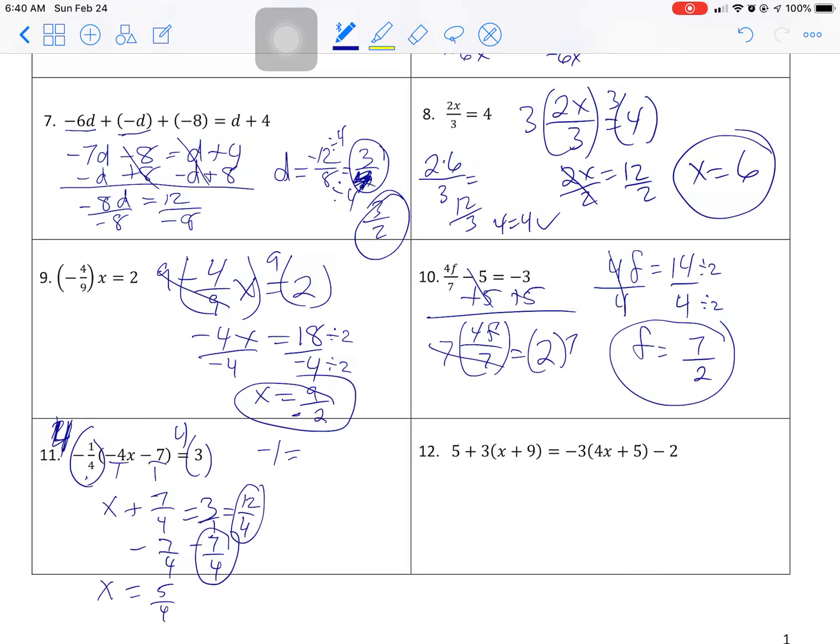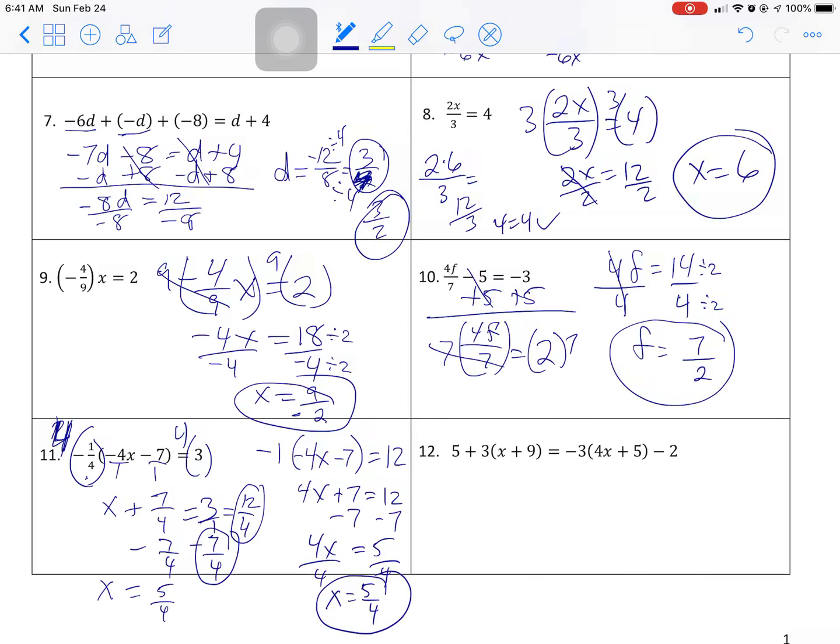So you'd have negative 1 times negative. Remember, we don't clear the fractions in the parentheses because that would be double clearing. All right, distribute that negative 1 would be 4x plus 7 equals 12. Move the 7 over. 4x equals 5, or x equals 5 over 4. So either way, that works fine.